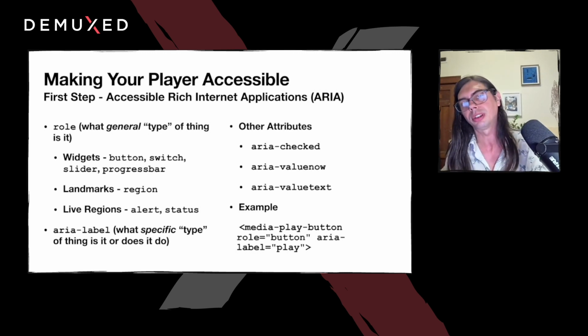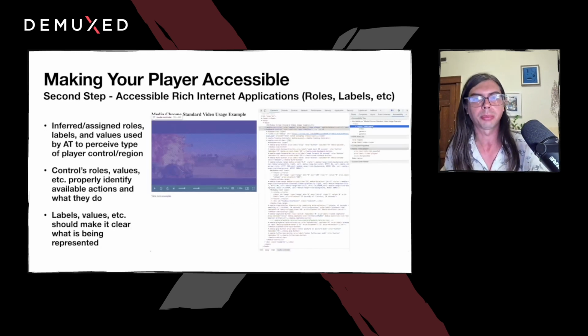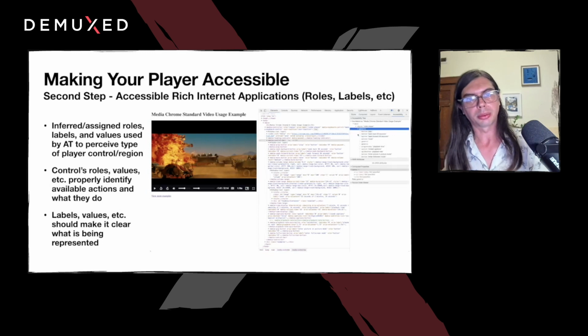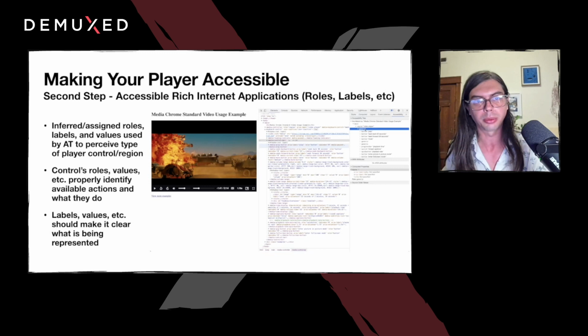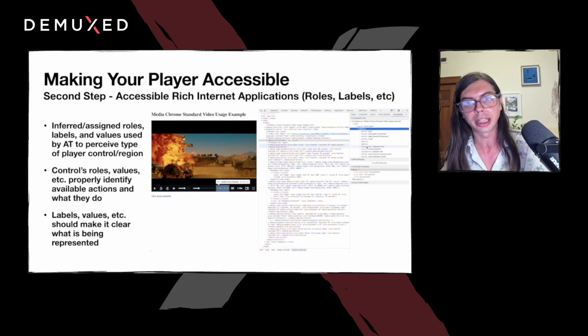So this is the high level of the attributes that are relevant. Now let's look at it as it's applied and how we should be using it. So if we look here, we've got a media player, and we want to make sure that each of the components has a clear role, especially the ones that are controls. And we want to make sure that they have a label that indicates the type of control they are.